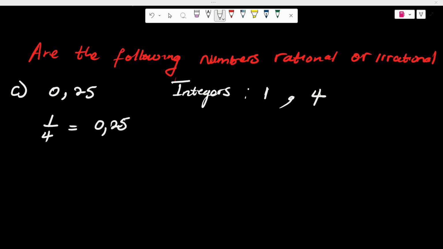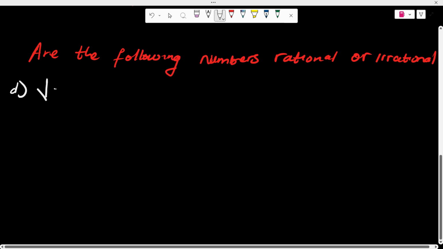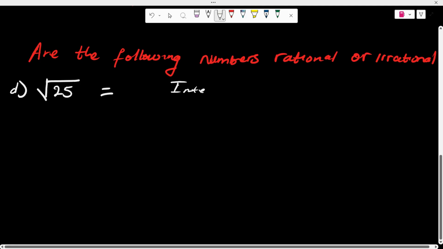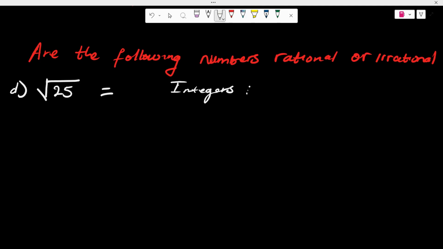Let's take a few more examples. Let's take root 25. Is it a rational number or an irrational number? Can this number be expressed as a fraction? First, let's break this down. We know that root 25 is 5.